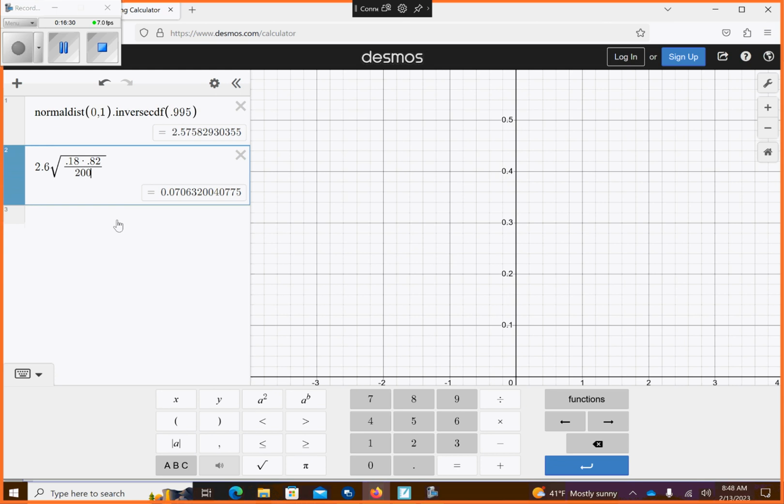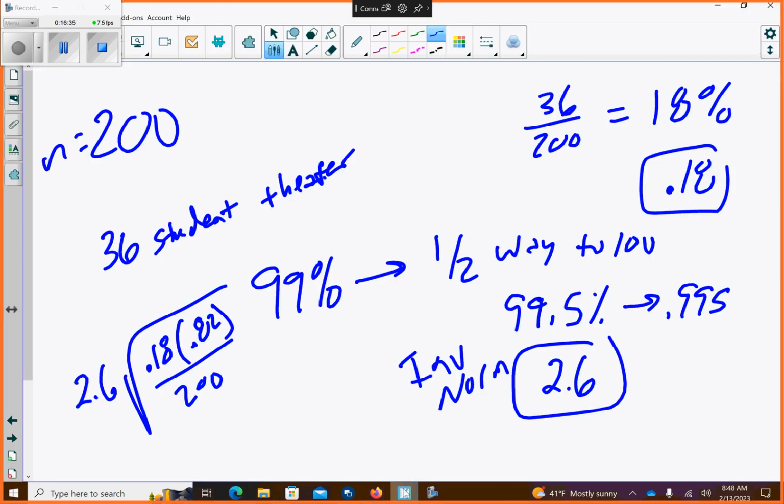So we are 0.07. So now we are at plus or minus 0.07, which is 7%.